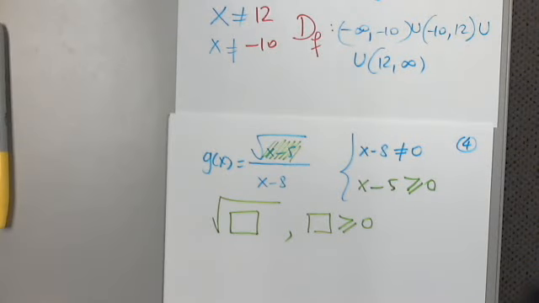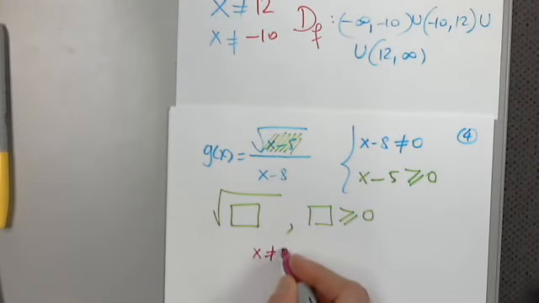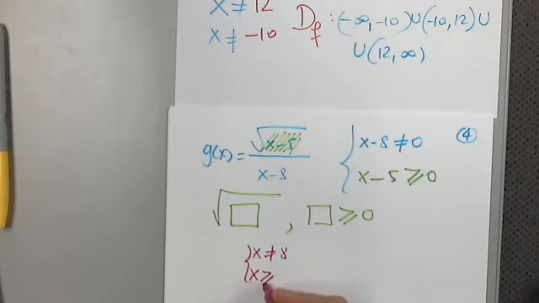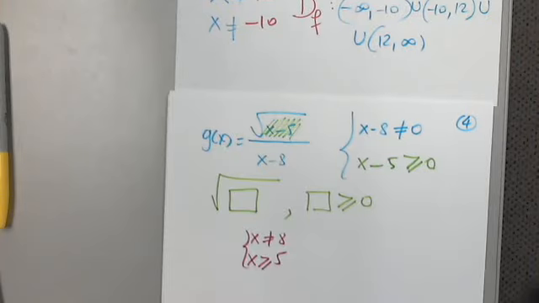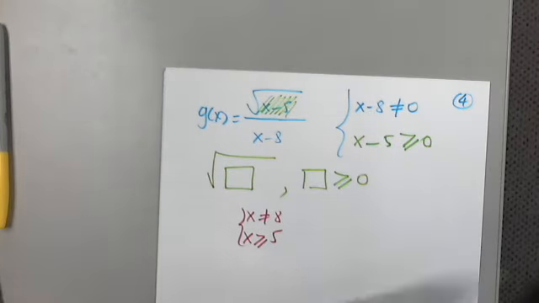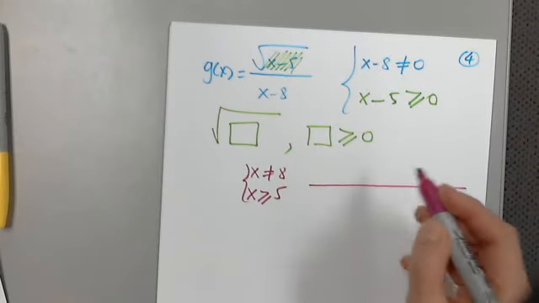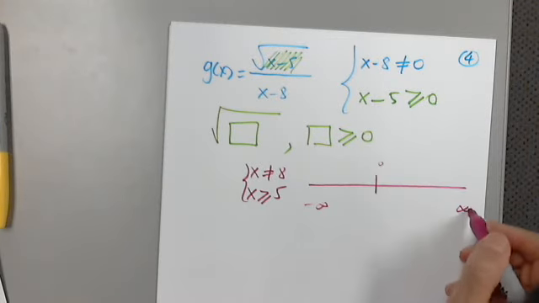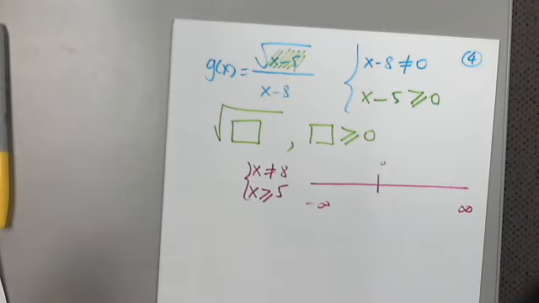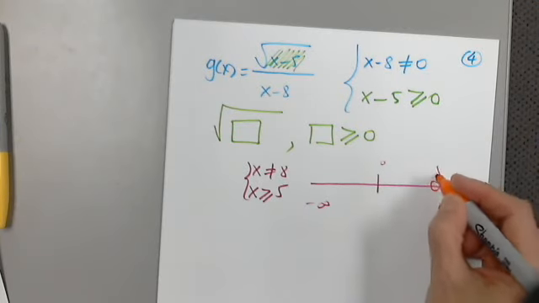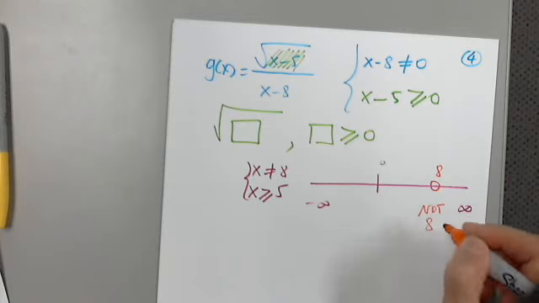Good. Okay, perfect. So then two conditions. The first one means x not equal 8, and the second one is x greater than or equal to 5. We do not have to graph. I'm not asking you to graph, but I will graph it to explain what's happening here. So the first one says not 8. So this is 8, not 8.